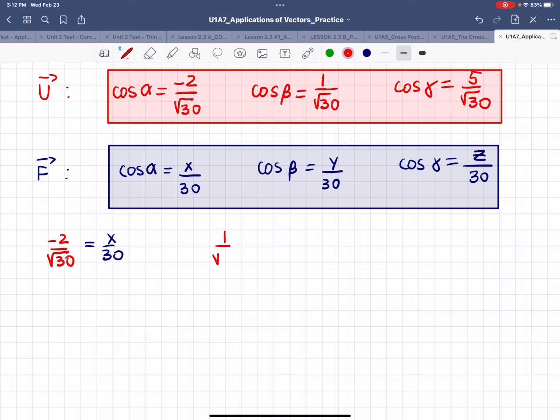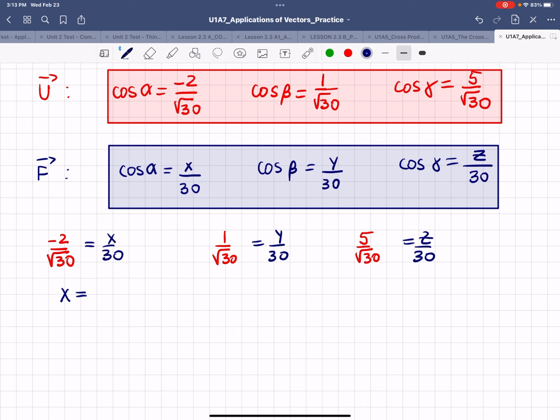Similarly, 1 over root 30 equals y over 30. And last but not least, 5 over root 30 equals z over 30. We're going to solve for each coordinate. Remember, x, y, and z will give the coordinates of vector f.